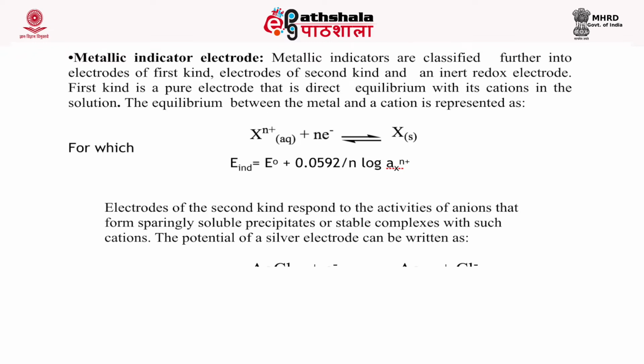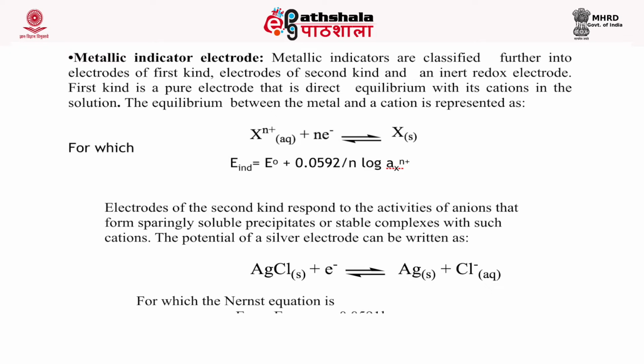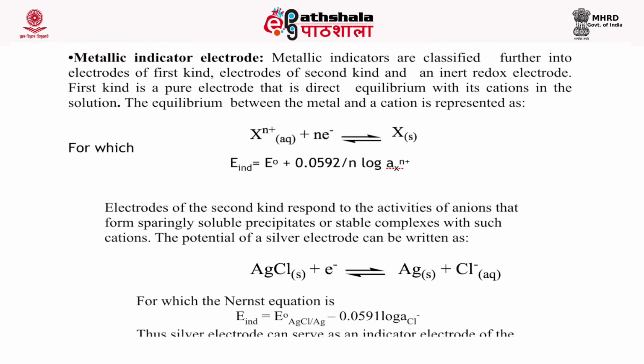Electrodes of the second kind respond to the activity of ions that form sparingly soluble precipitates or stable complexes with such cations. The potential of a silver electrode can be written as silver chloride solid plus electron forms silver solid plus chloride aqueous, for which the Nernst equation is E indicator is equal to E naught silver chloride/silver minus 0.0591 log of the activity of chloride.